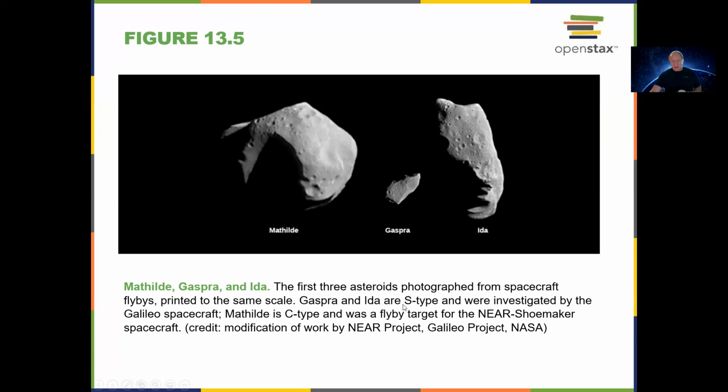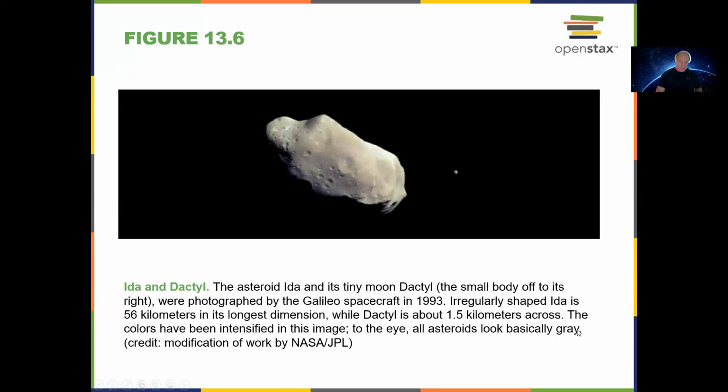So Gaspra and Ida are S types and were investigated by the Galileo spacecraft. And the third is a C type and was a flyby target for the NEAR Shoemaker spacecraft.